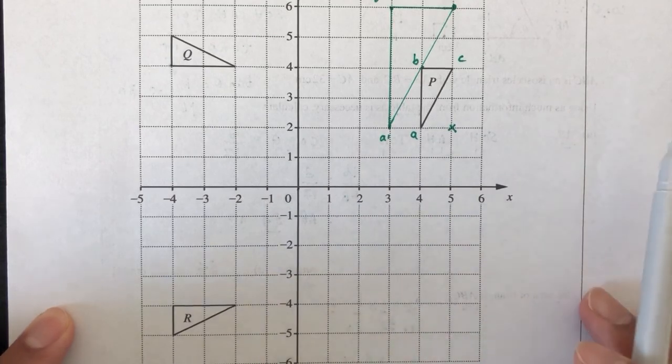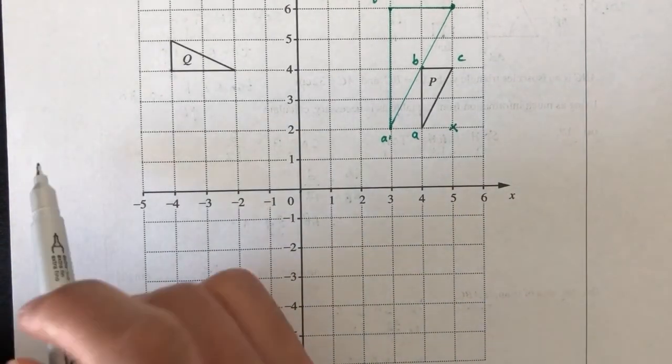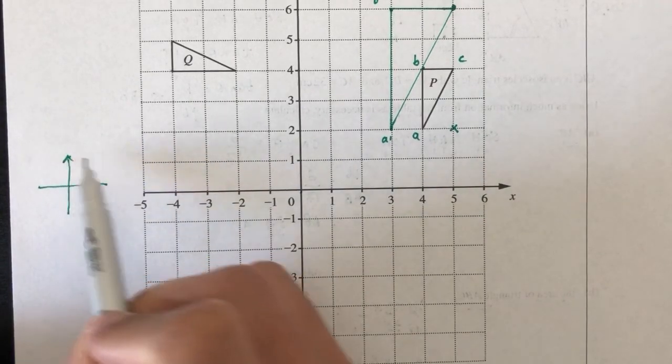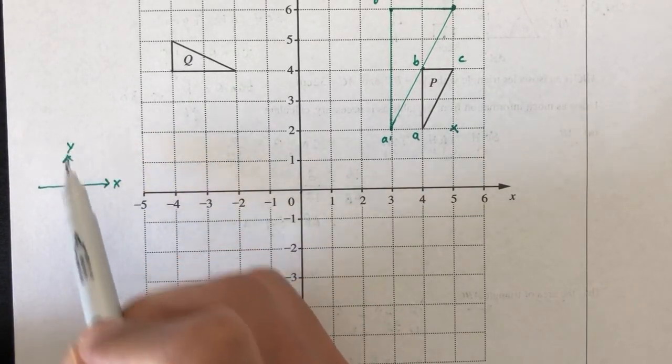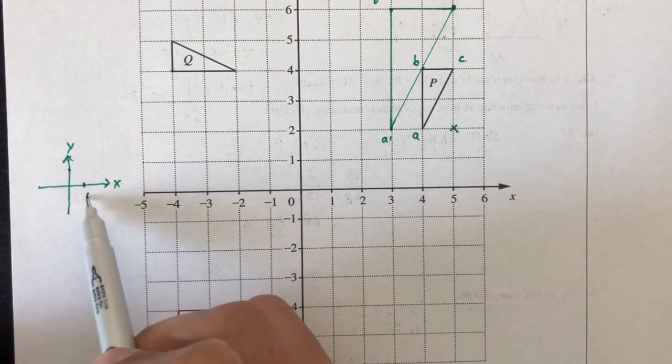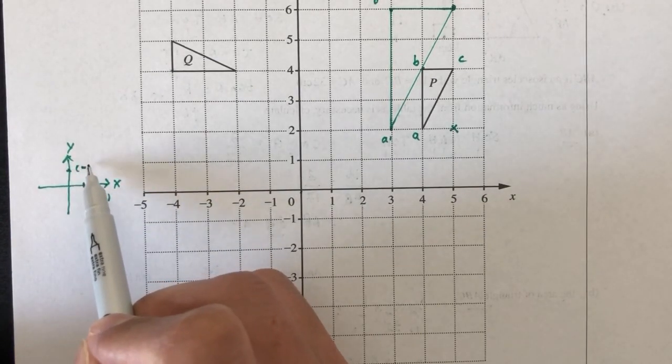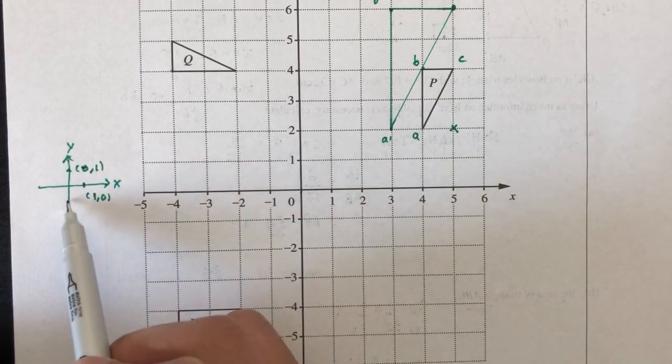So how do you find the matrix for that? I use a trick to actually find this. So I draw my axis, and then I label this x and y. This is the point (1, 0), and this is the point (0, 1).